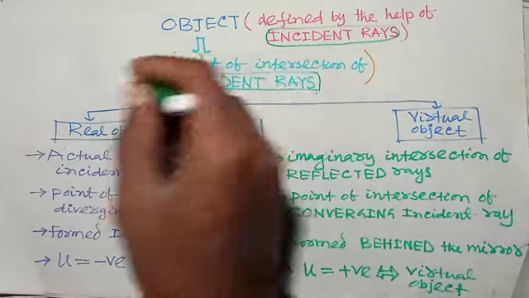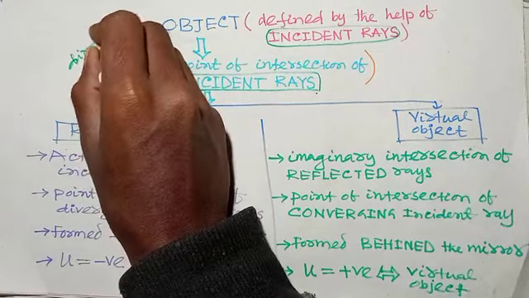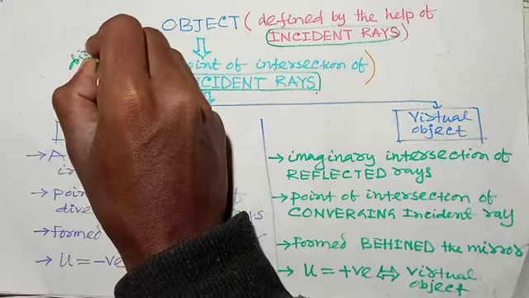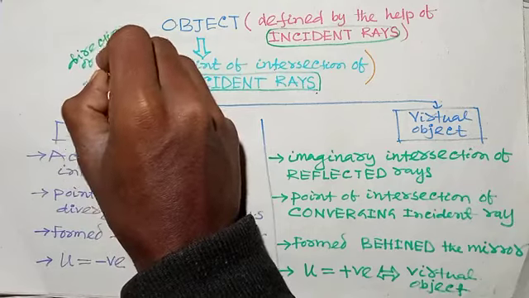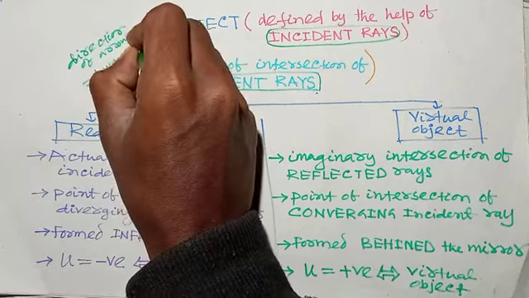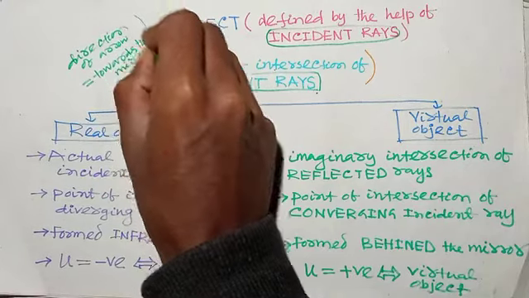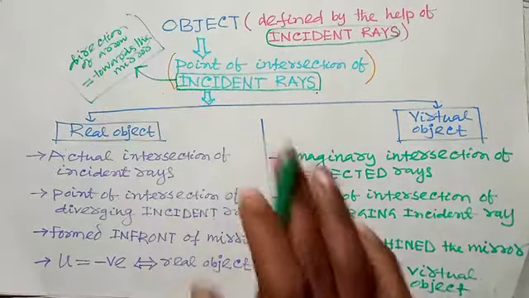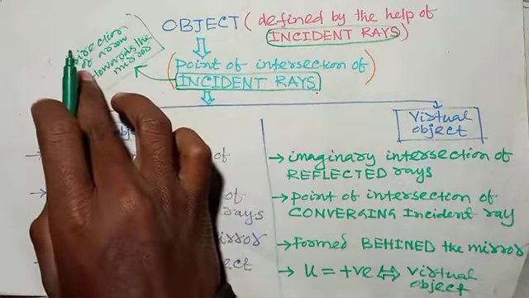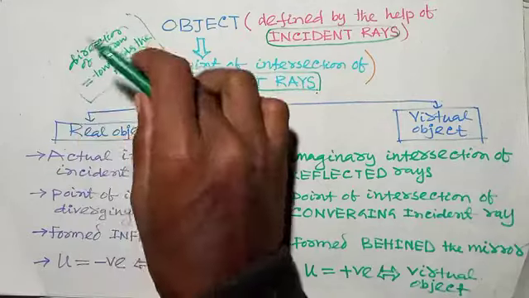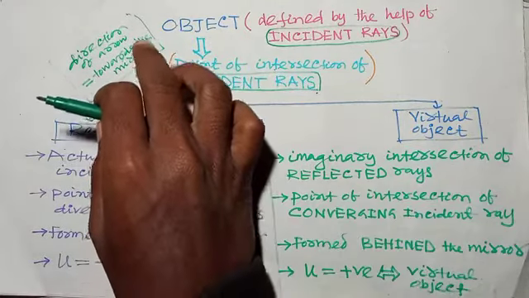In case of incident rays, the direction of the arrow is towards the mirror. To find out the position of the object, you have to focus on those rays whose direction of arrow is towards the mirror, and find out their point of intersection.